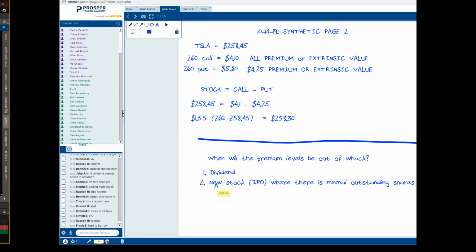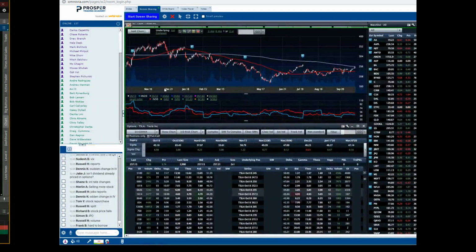So what happens is, if people want to sell the stock, but you can't because it's hard to borrow or you're not allowed to short the stock, what would people do?